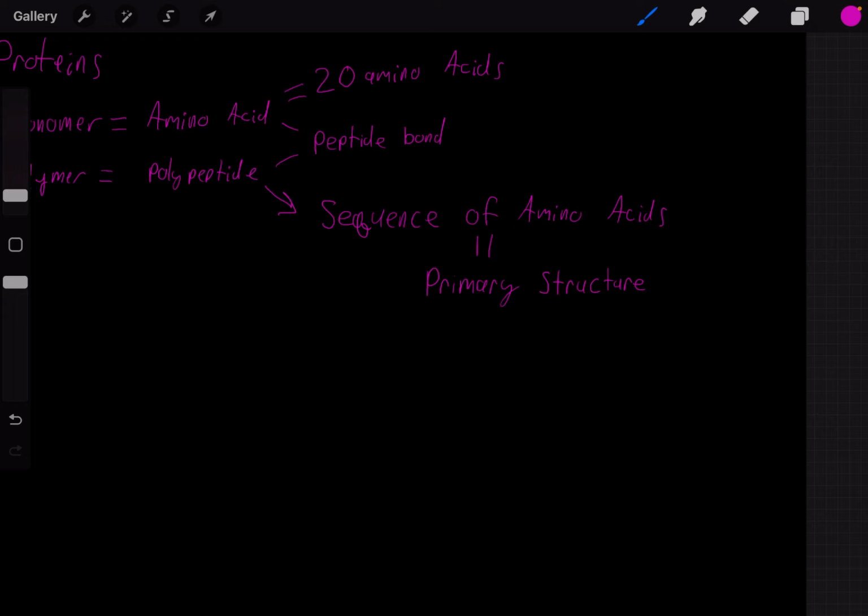The sequence would be the amino acid sequence, or primary structure.